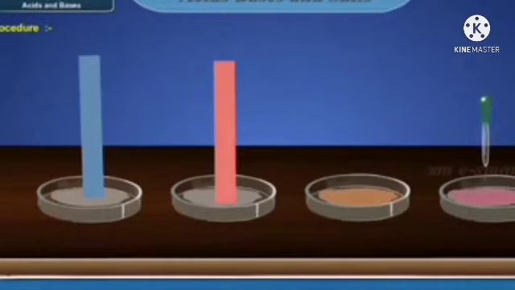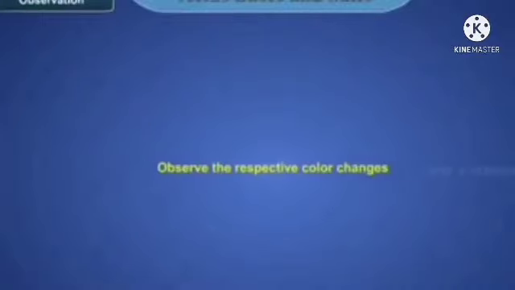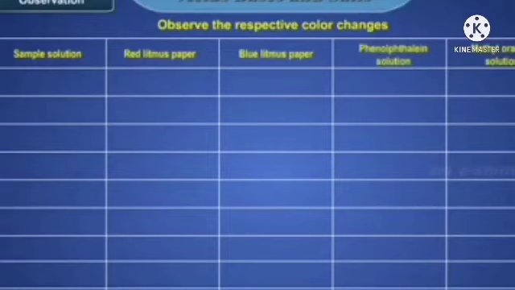Add a drop of phenolphthalein indicator in the fourth watch glass. Observation: observe the respective color changes. Sample: red litmus paper, blue litmus paper, phenolphthalein indicator, methyl orange indicator.